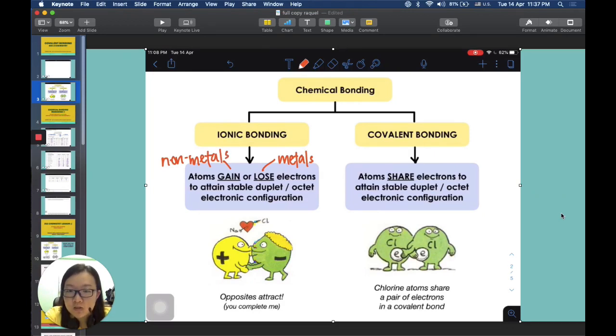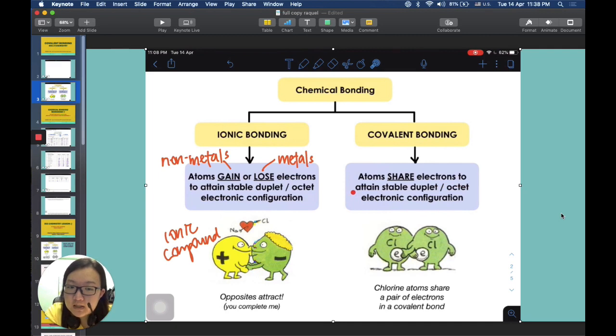If you look at this little diagram here, you can also think of it as opposites attract. Your cations will attract the anions, and once the charges are balanced, you form your ionic compound. They complete each other.